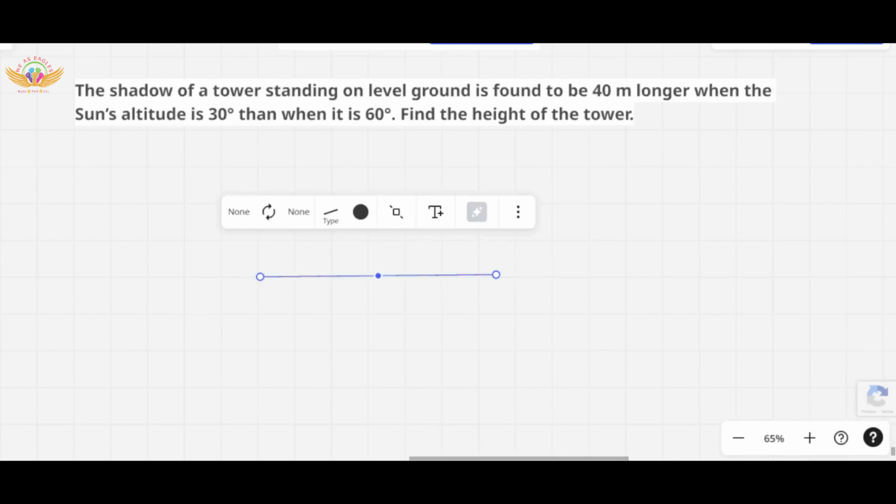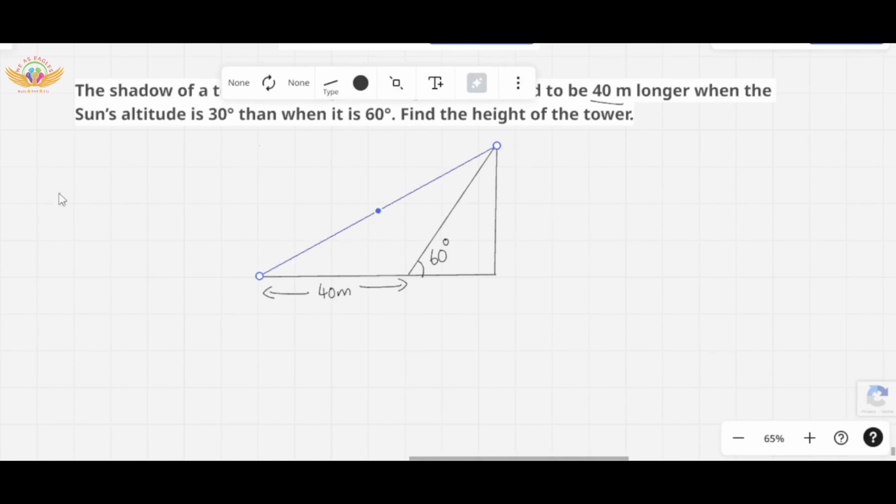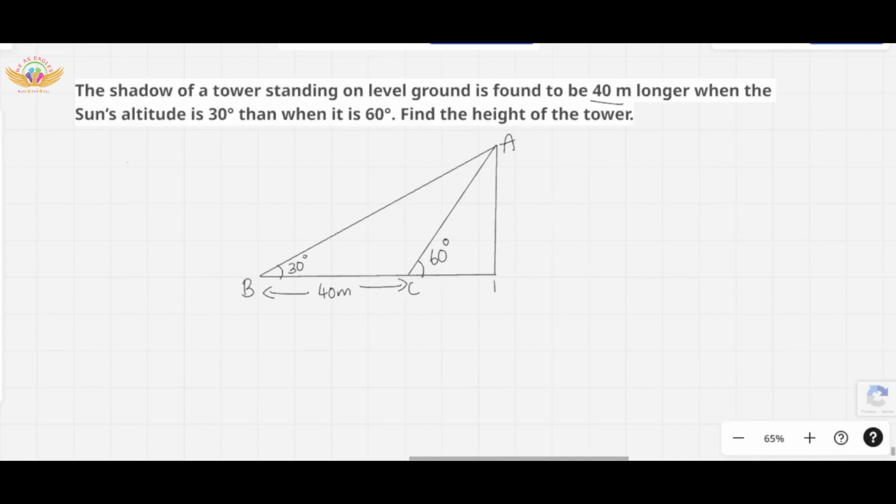Again from here, up from here to this point, it is making 40 meters longer when the sun's altitude is 30 degrees. So how much is the angle here? It is making 30 degrees here. So let us mark the names as A, B, and this point as C, and this point as D. So BC is 40 meters.